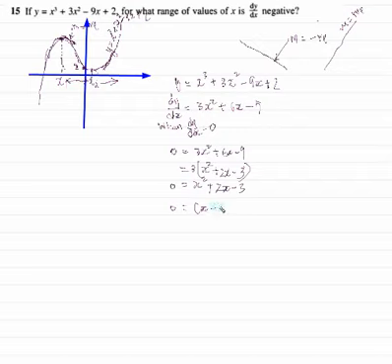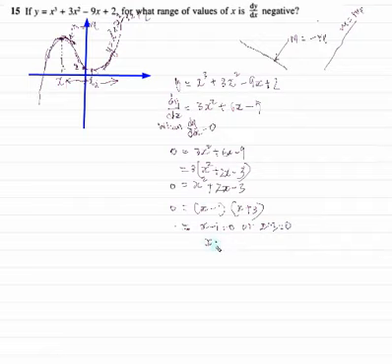Let's factorize to solve the equation. It's x minus 1 and x plus 3. Therefore, either x minus 1 equals 0 or x plus 3 equals 0.